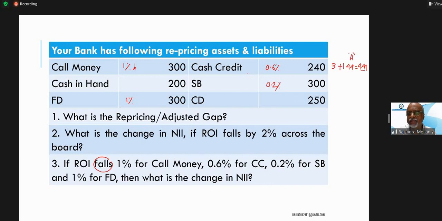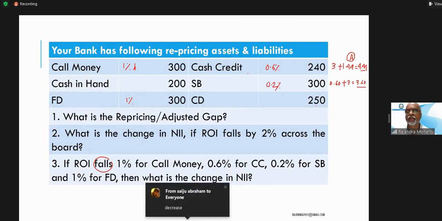This is for assets. Liability I have 0.60 plus 3. So liability is 3.60. That is the thing. Okay. So the difference is definitely 0.84. So this gap is 0.84. That we know.